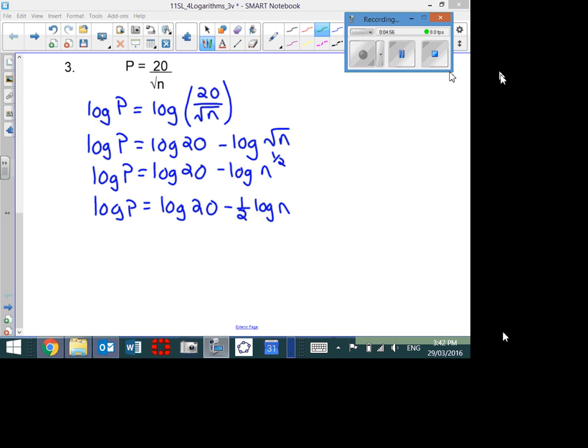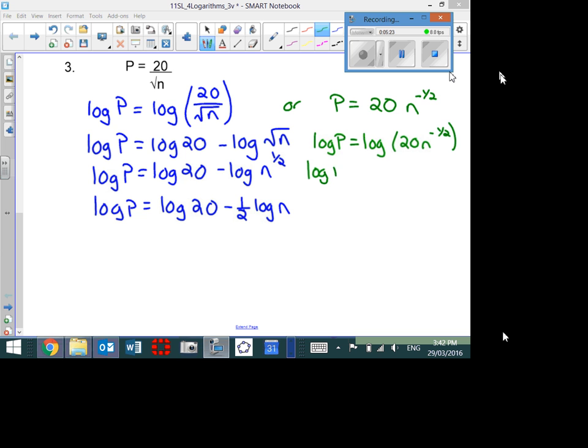Now think for a moment just how all these rules will kind of play together, because somebody else looking at this question may start it by rewriting the 20 divided by square root of n as 20 times n to the negative 1/2. So if they did that and they started to take the log of both sides, I'd wind up having log of 20 n to the negative 1/2. So now I can apply my addition rule.